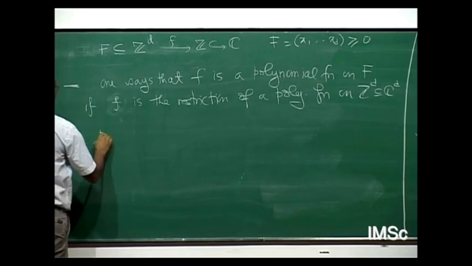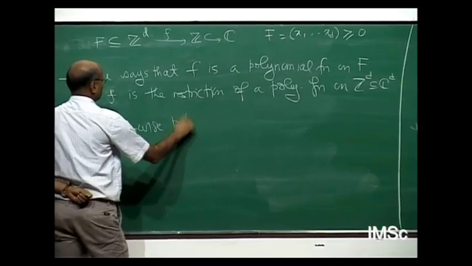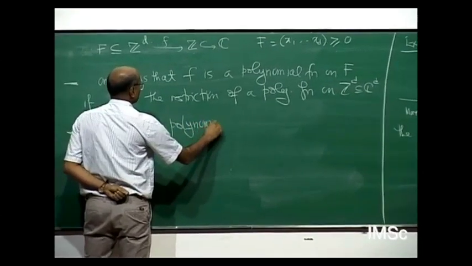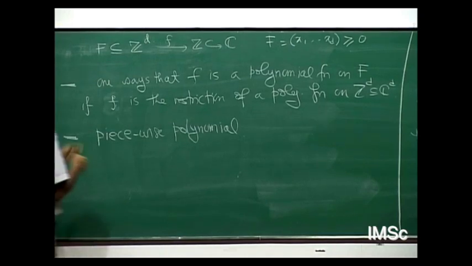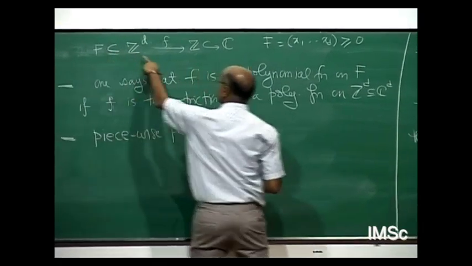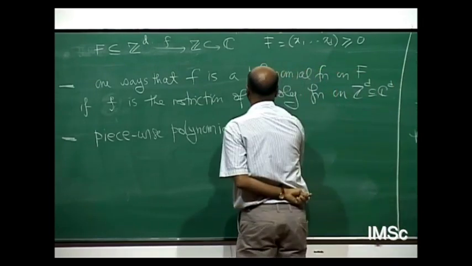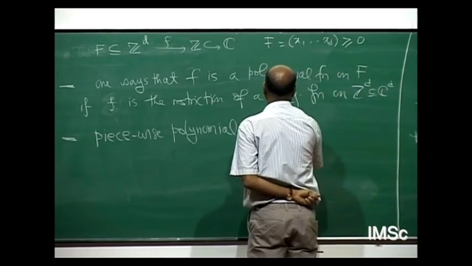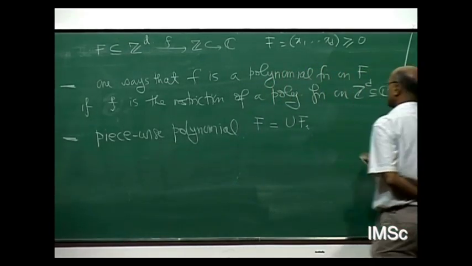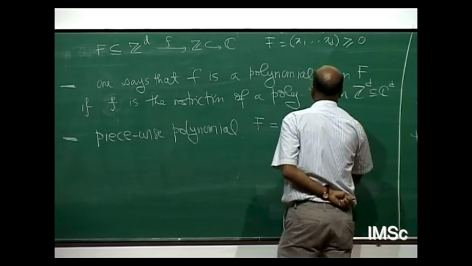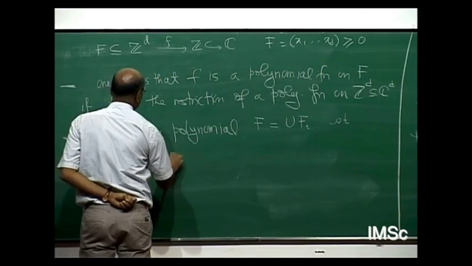Then I will use this notion called piecewise polynomial. So functions are defined on subsets of Z to the power d, and by piecewise polynomial we will mean that F is written as a finite union of Fi, such that f restricted to Fi is a polynomial function.